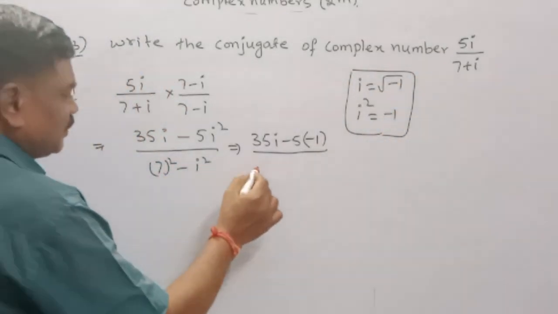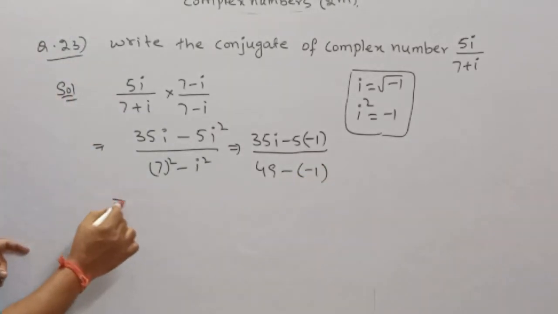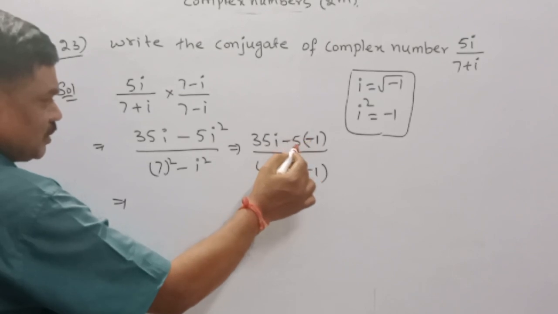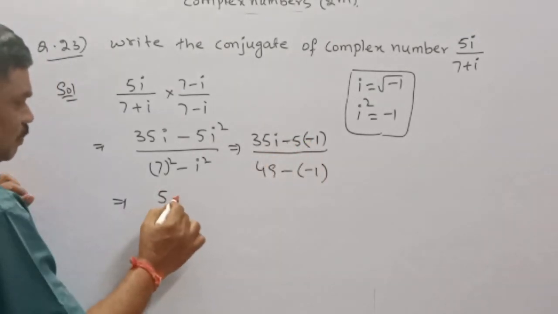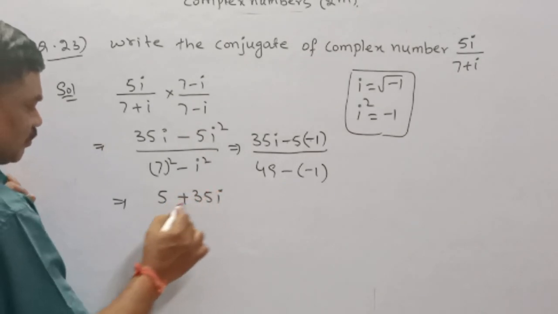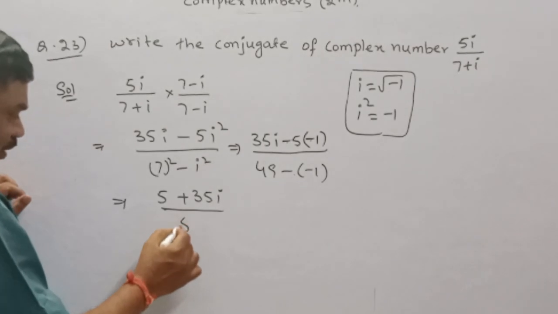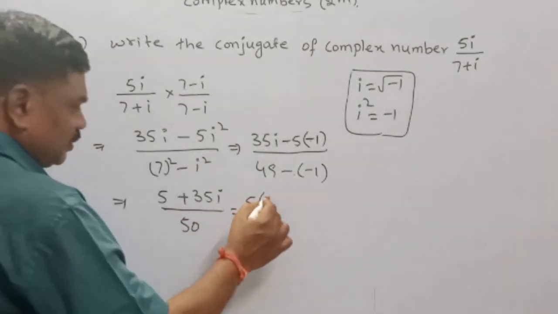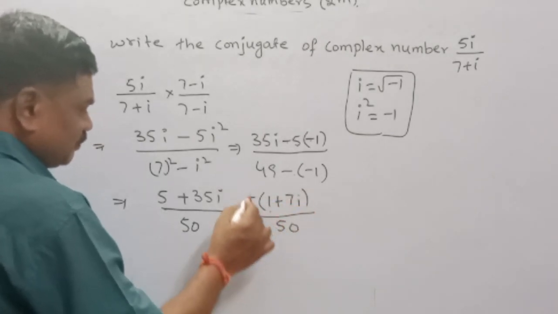So this is 7², 49, minus of -1. So 5 + 35i over 49 + 1, which is 50. Taking 5 common from the numerator, (1 + 7i) over 50.